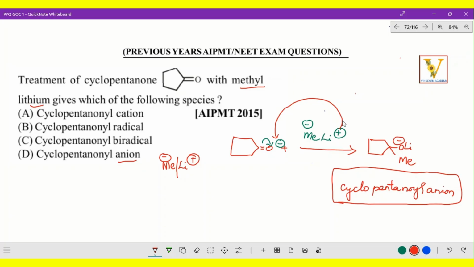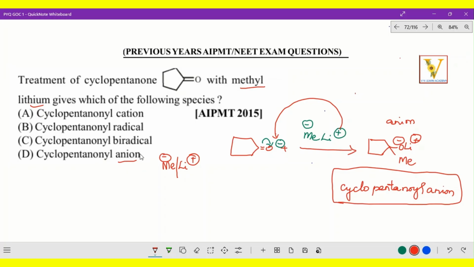So this positive charge is attracted towards the minus charge of the keto group due to the transfer of electrons, right? So what is the product you will get? This is a positive charge and this is a negative charge. So this negative charge is called an anion.